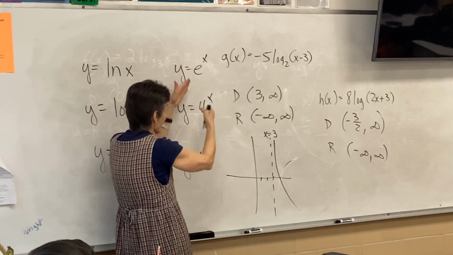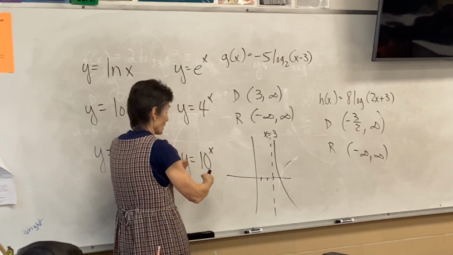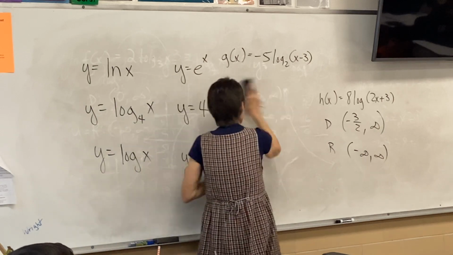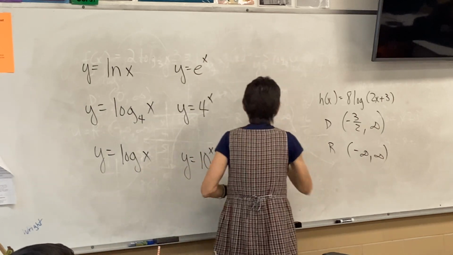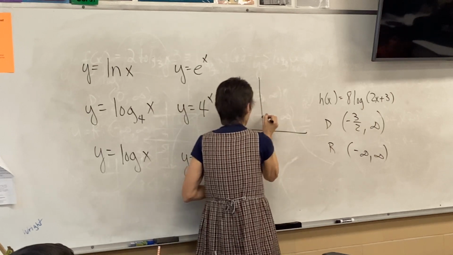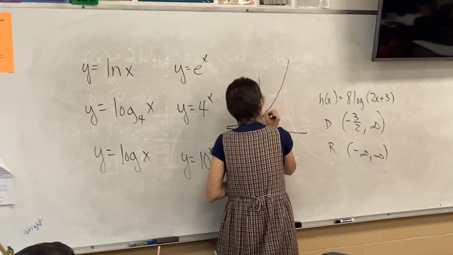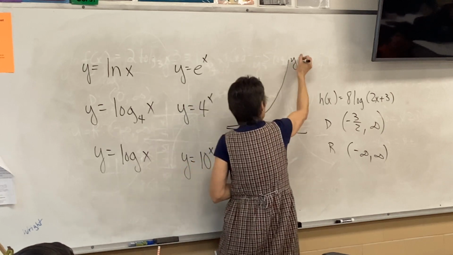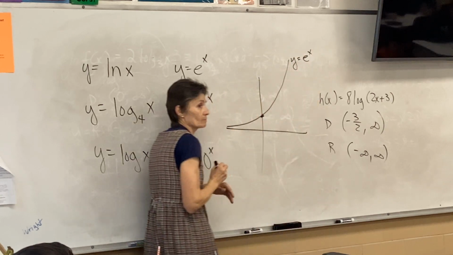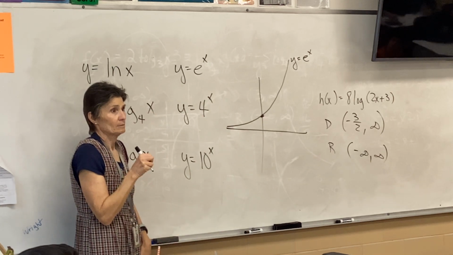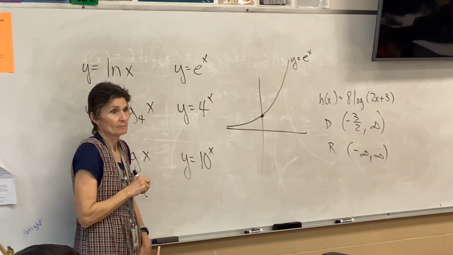When I look at these exponentials, I know what their general shape is, but which one is rising the fastest? They're all going to go through the point (0, 1). Let me say this one right here is y equals e to the x. Now what's e? 2.7, right?